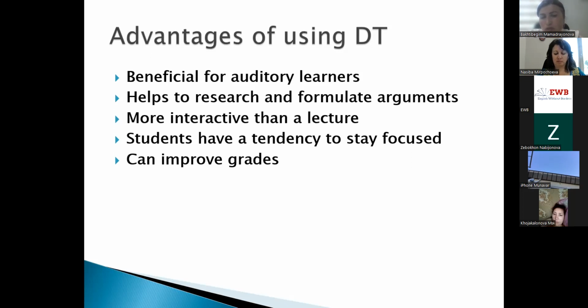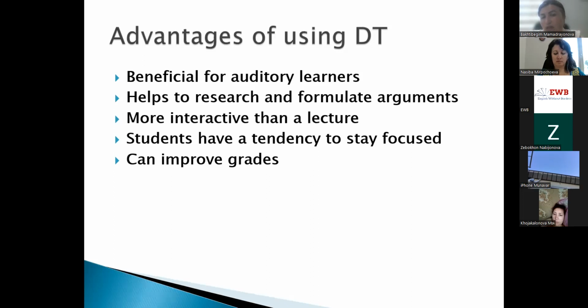Lectures, of course, are boring for them. They do not get all the important information from lecture, but during interactive process, they can discuss the lecture and they come to one solution.